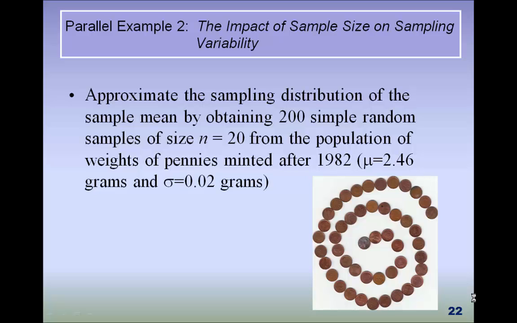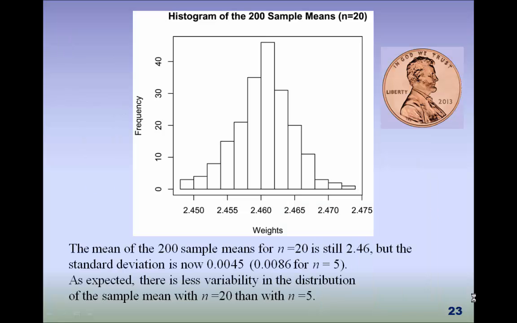Now we want to use that same penny data, except we want 200 random samples of size 20 from the population of weights of pennies. And remember, the population mean is 2.46 and the population standard deviation is 0.02 grams. So here's a histogram that represents the means of those 200 samples.